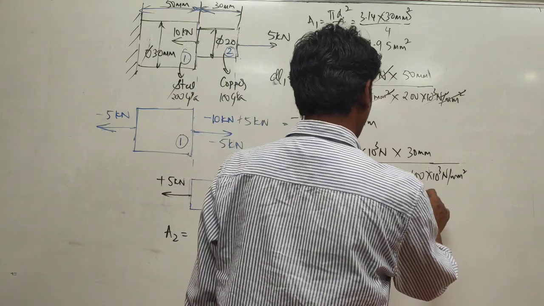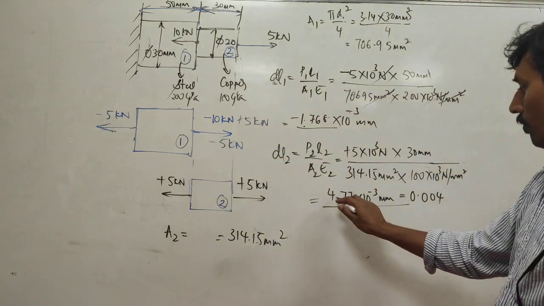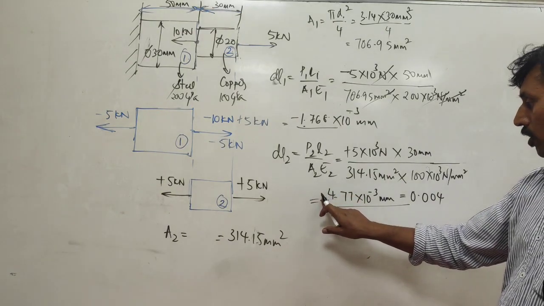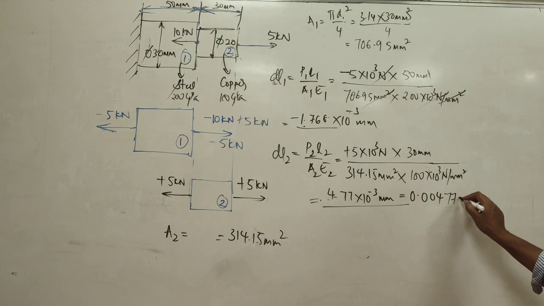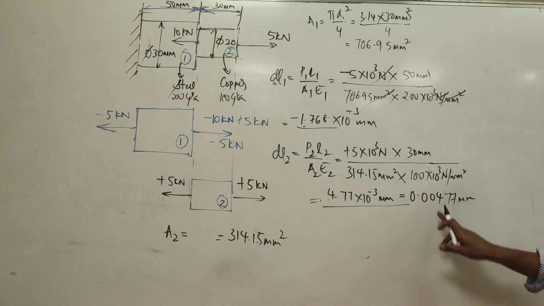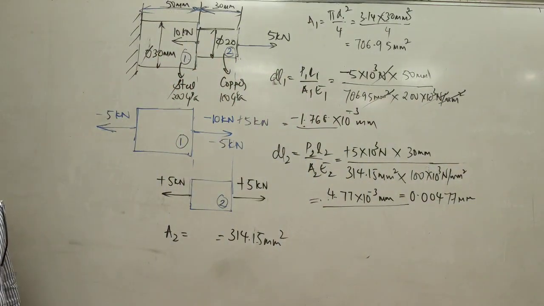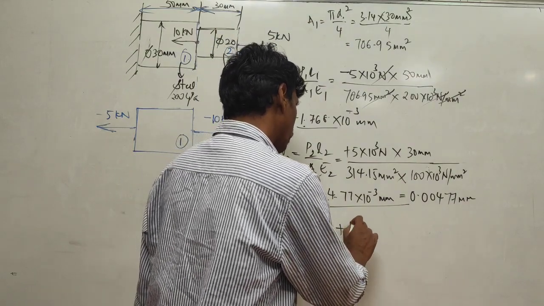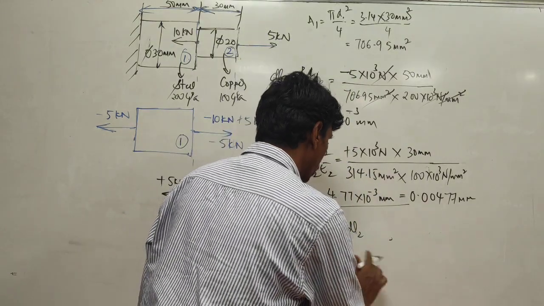Otherwise, if you don't want to write like this, you can write it as 0.00477, by shifting the decimal by 3 places. Very, very small deformations. Then, if they have asked for the total elongation, the total elongation is dl1 plus dl2, sorry, there is no dl3 here.